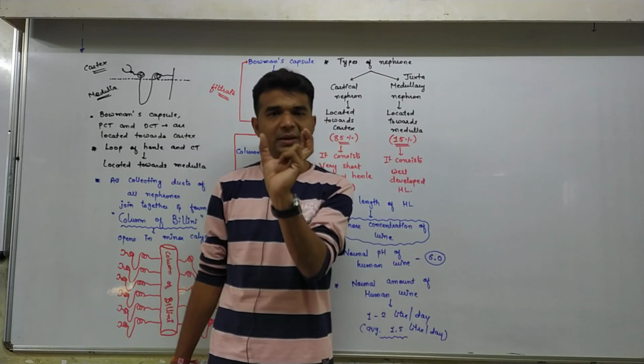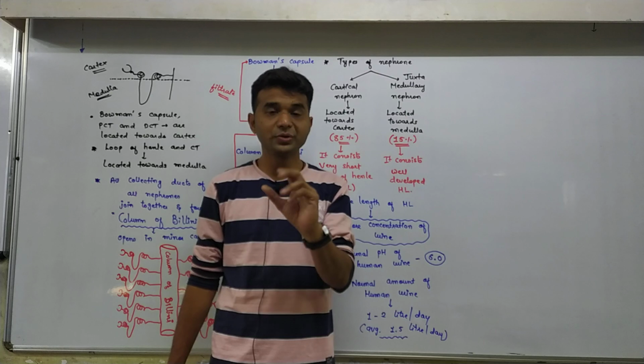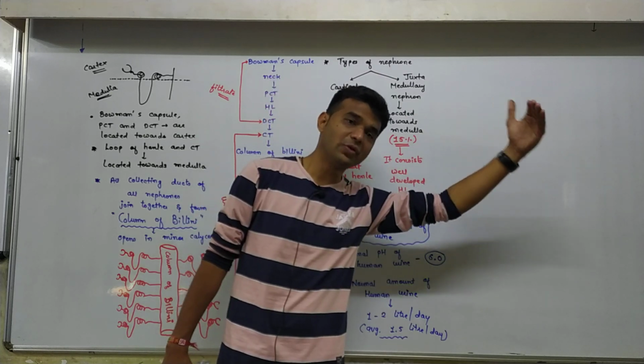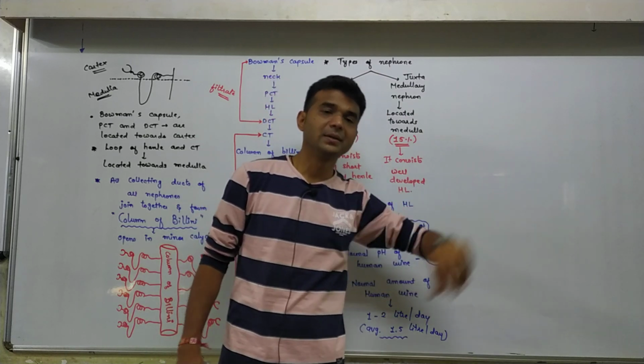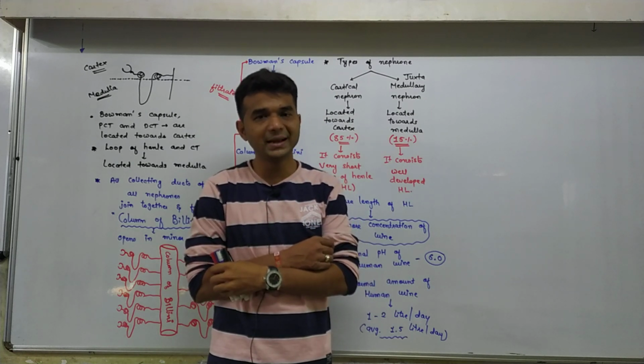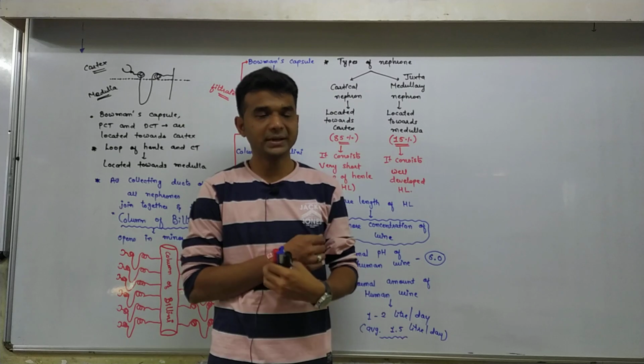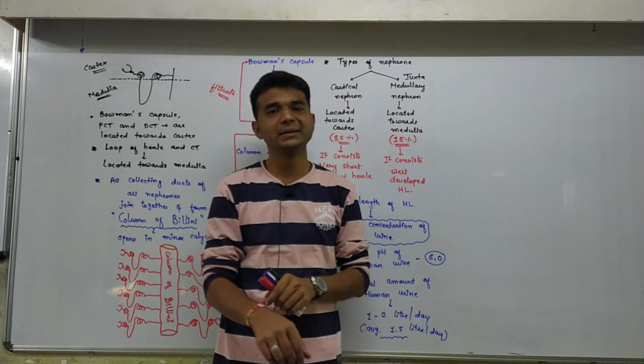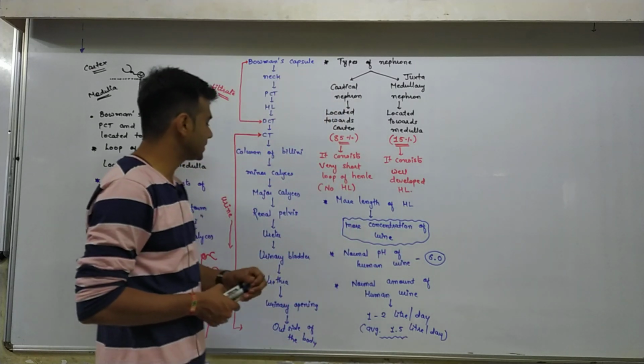At that time I drew the pyramid in the kidney. So assume that towards the cortex side the Malpighian body is there, and towards the medullary pyramid side you know that minor calyces are there.